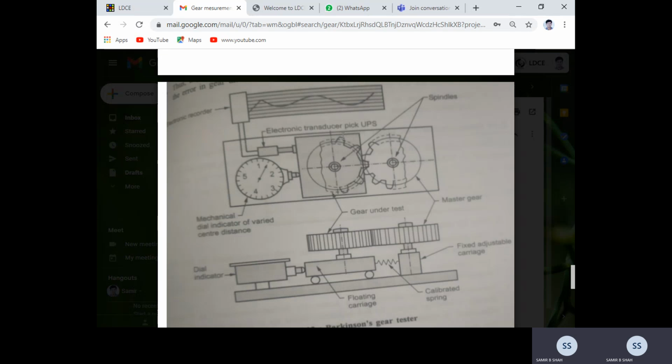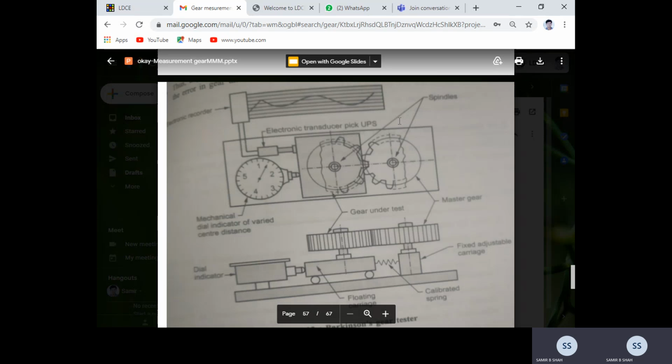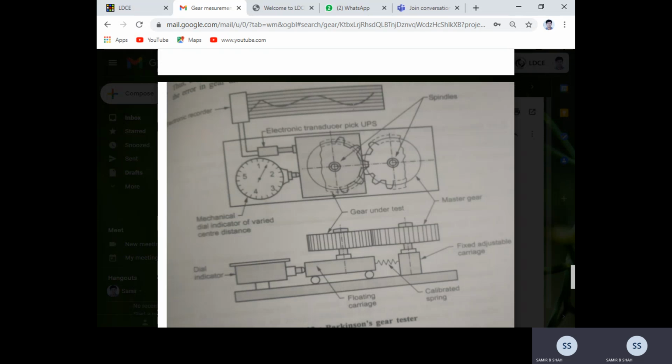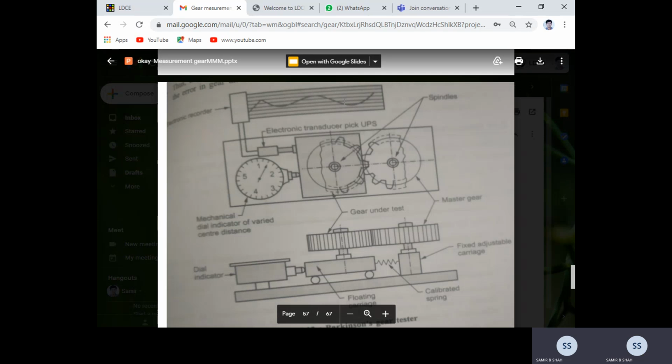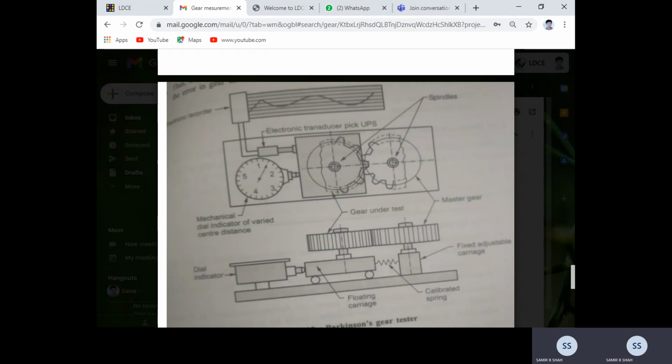An electronic recorder can also be fitted to the instrument, which shows the center distance variation in the form of a wavy circular chart. You can see in the figure that another electronic recorder may be attached, which gives you a proper graph, and based on the graph we conclude whether the gear meets our requirement or not.